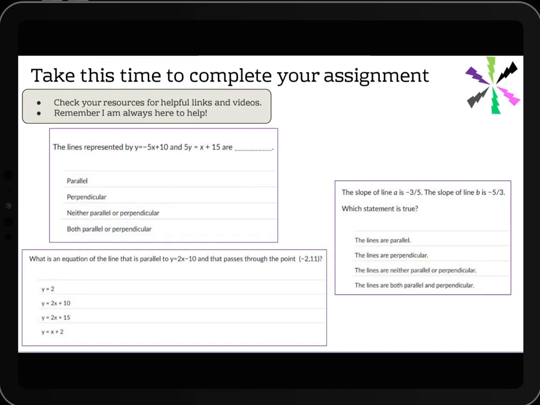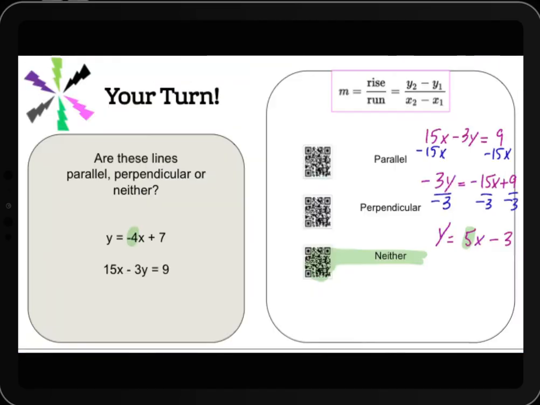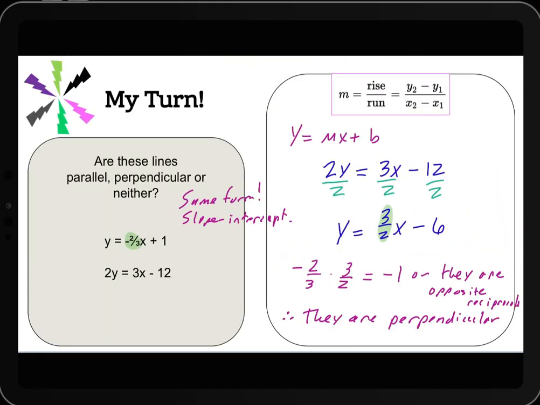So for your exit ticket, you have 3 questions again, and throughout I referred to certain slides that you should refer to in order to help you out. For example, the bottom question goes really well with those last 2 questions. I would say that the question above goes really well with this example right here. I would refer to that.